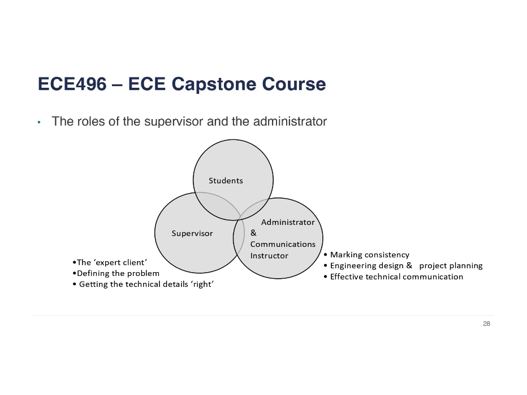Then, complementary to that, is your administrator. An administrator oversees about a dozen or so projects, so they see multiple projects across multiple supervisors, and their role is the detailed marking of your written reports, your meetings, the deliverables, the design and the project planning aspects.